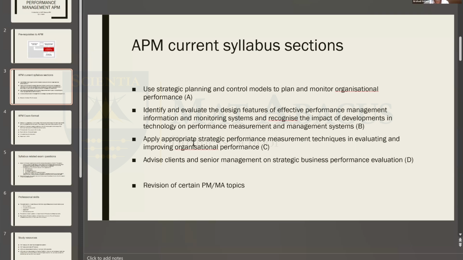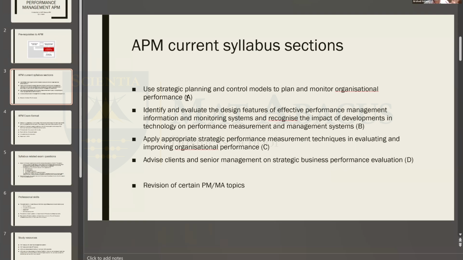The word evaluate is the most important word on this page. So evaluate means you look at the situation, you gauge what is the situation, and you gauge what would be the appropriate measurement tool that you can use to look at organizational performance. And then you advise clients and senior management on strategic business performance evaluation.